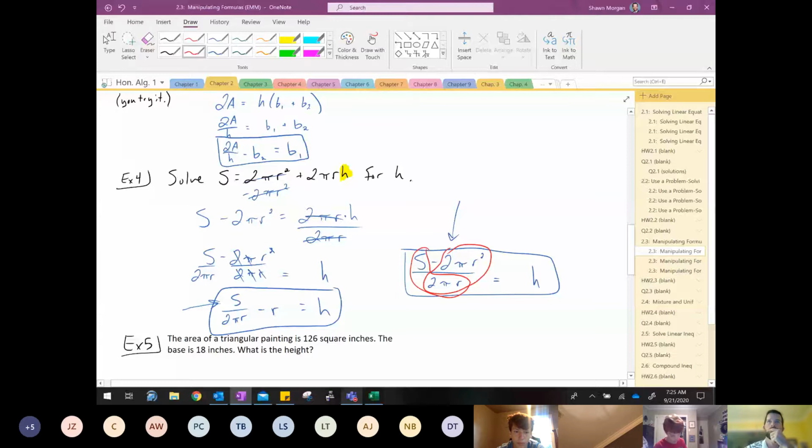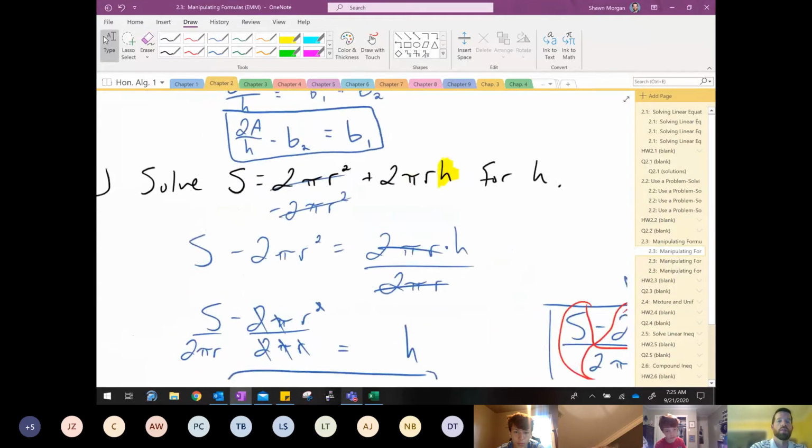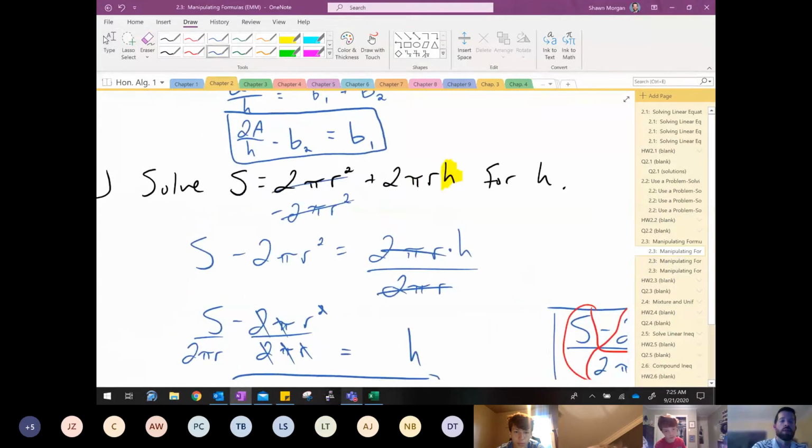Go for it, Lewis. How did you get the negative 2 pi r squared at the very top? Great question. If you look back at the beginning, we had a non-h term over here, a term that did not have h in it. That's that outer layer of the onion that we want to take care of first.